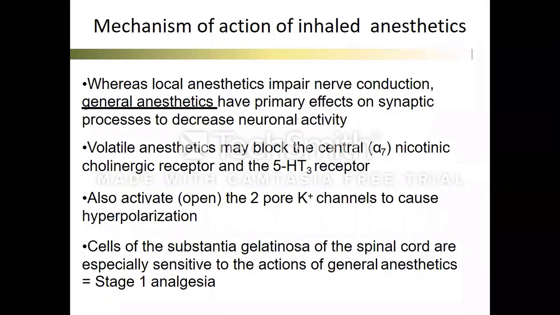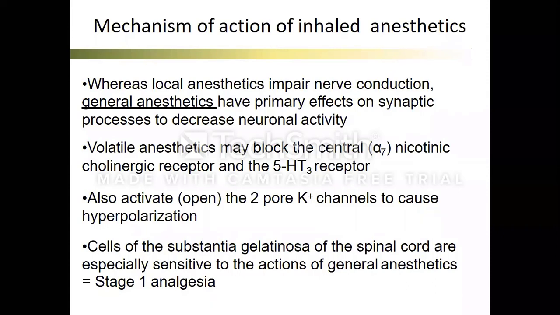Regarding the mechanism of action of inhaled anesthetics, whereas local anesthetics impair the conduction of the nerve, general anesthetics have an effect on synaptic processing and decrease neuronal activity. The volatile anesthetics may block central nicotinic cholinergic receptors, or sometimes they may block 5-HT3 receptors.